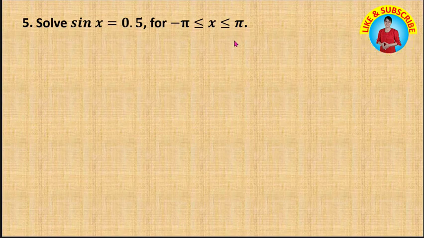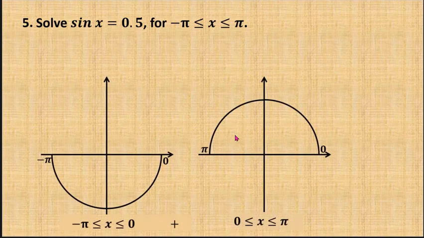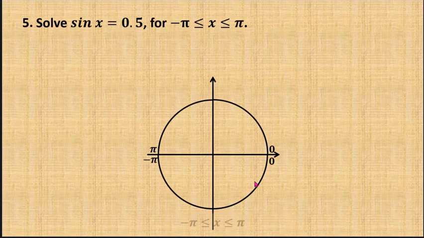In this question, the range also covers two semicircles, that is, quadrant 3 and quadrant 4 of the negative angle from 0 to negative pi, and quadrant 1 and quadrant 2 of the positive angle from 0 to pi. These two semicircles can be combined, becomes a circle from negative pi to positive pi.